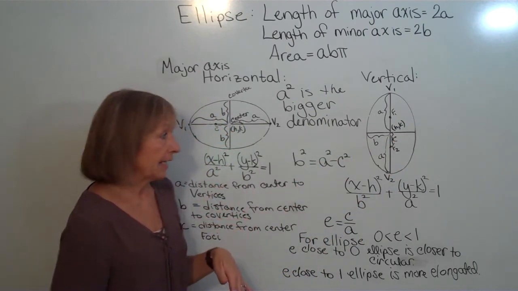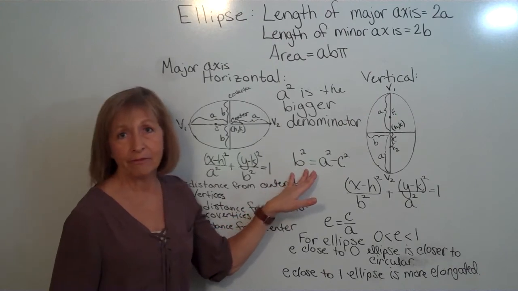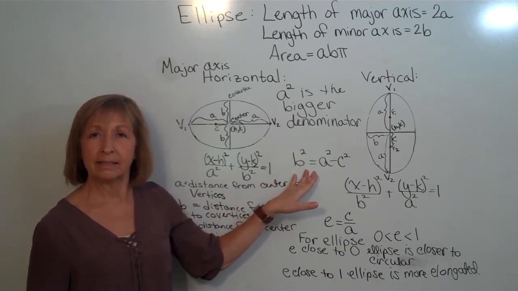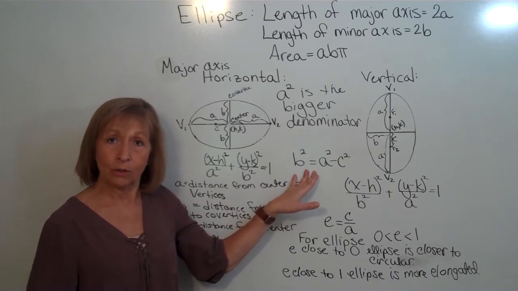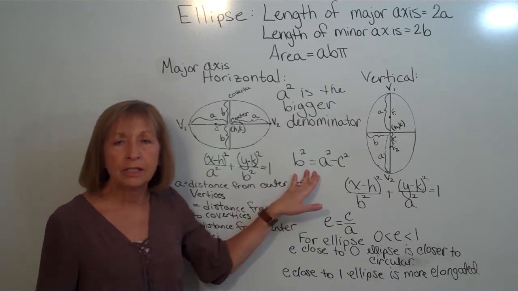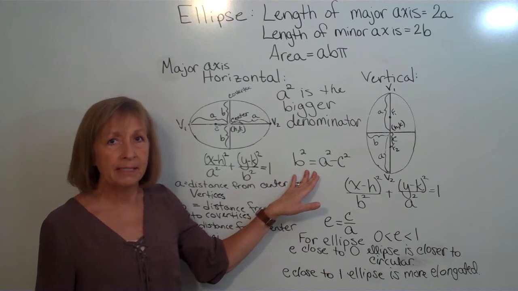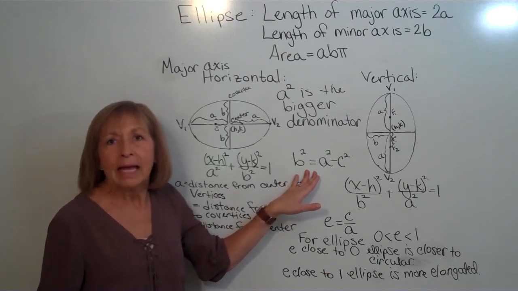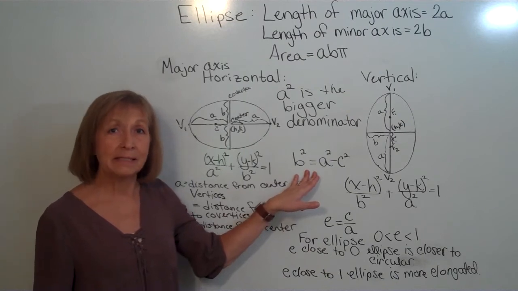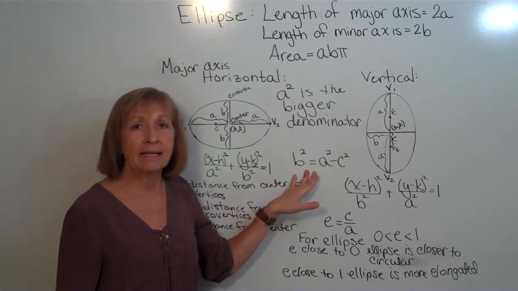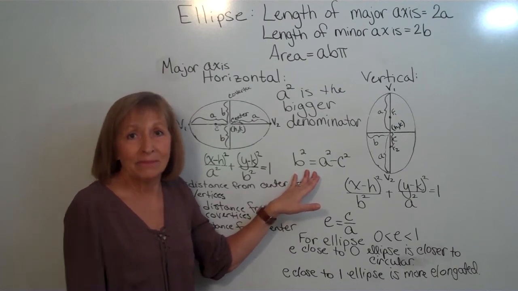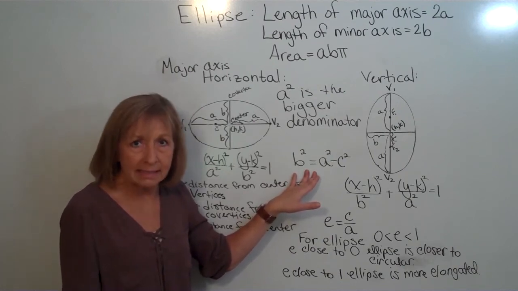Now, another thing is that when I have information, I'm not really sure which two of the three things I'll know. If I have the equation and I rearrange it, I'll get my a squared and my b squared, but not my c squared yet. If someone gives me information about the vertex and the foci, I'll get my a and c first, but not know what my b is.